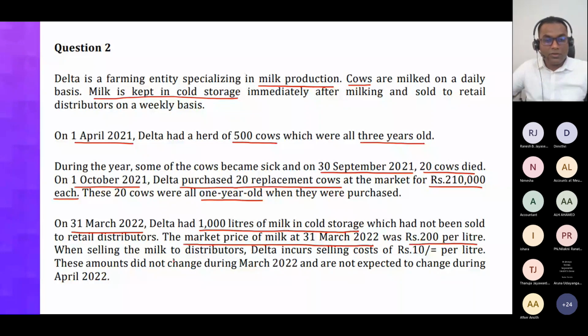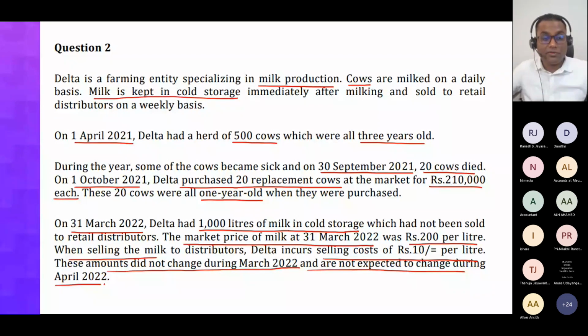When selling milk to the distributors, there's a selling cost of 10 rupees per liter. These amounts did not change during March 2022 and are not expected to change during April 2022 as well.